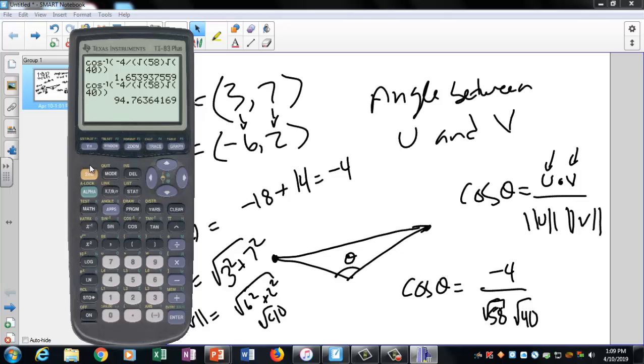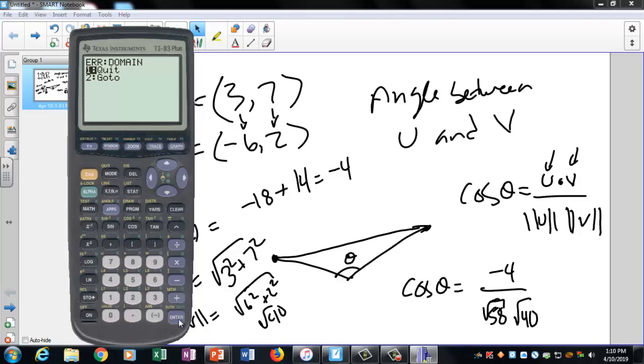All right. Now, just to finish that last thought, if you don't put this in parentheses and you just do it this way, you're going to get an error. Okay?